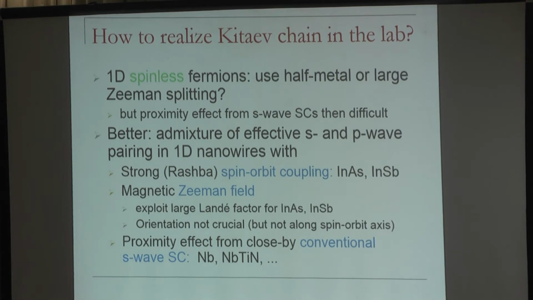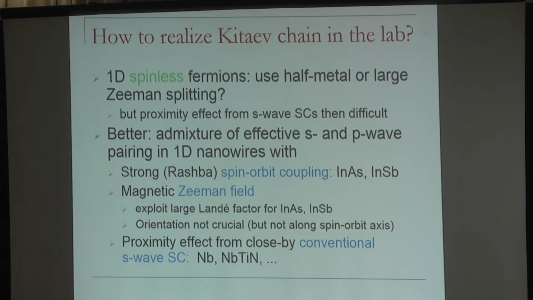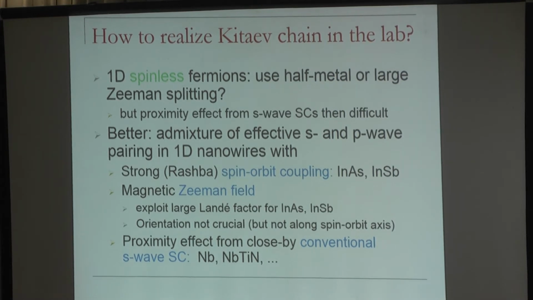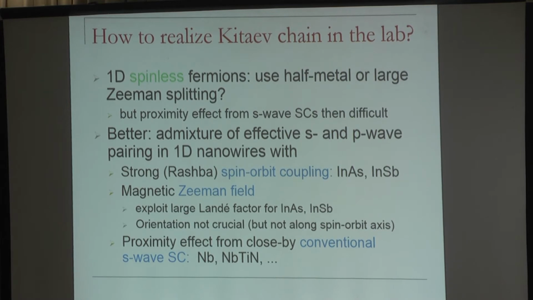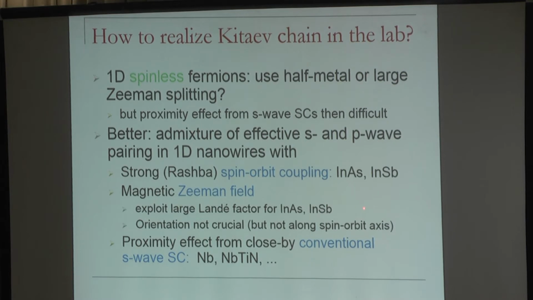So the idea that seems to work is to admix effective S and P wave pairing in one-dimensional nanowires by the interplay of 3 essential ingredients. Ingredient number 1: we use a strong Rashba-type spin-orbit coupling in indium arsenide or indium antimonide nanowires.